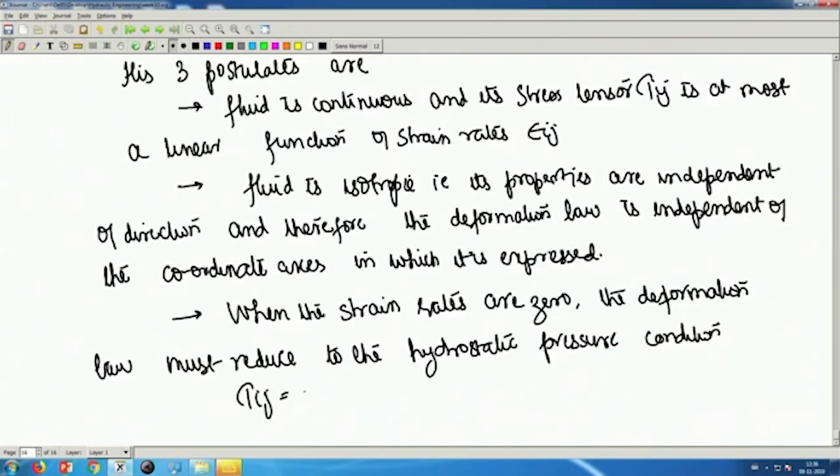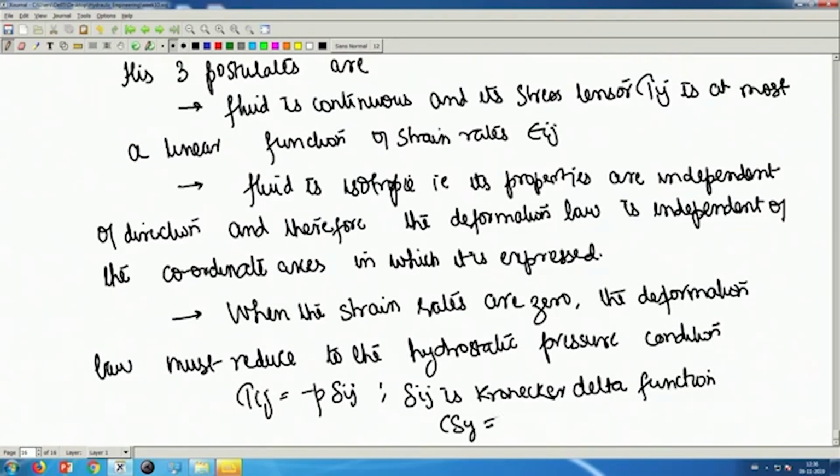Tau ij is equal to minus p delta ij. Okay, here delta ij is the Kronecker delta function, that is delta ij is equal to 1 if i is equal to j and delta ij is equal to 0 if i is not equal to j.